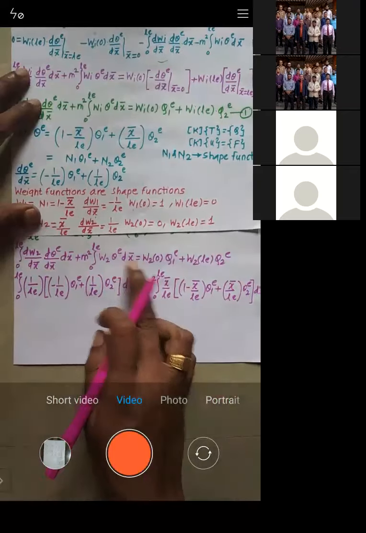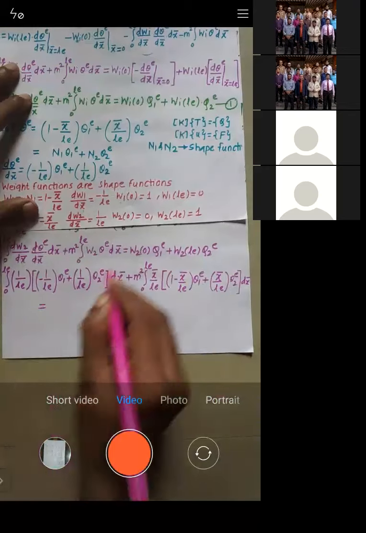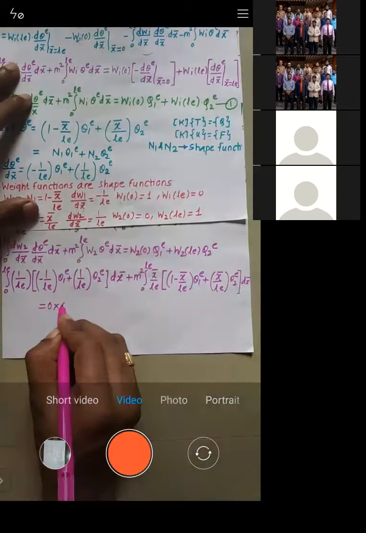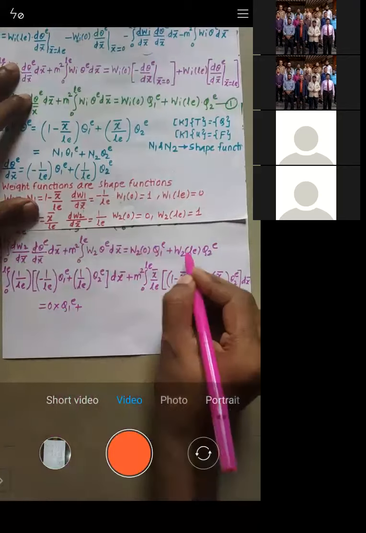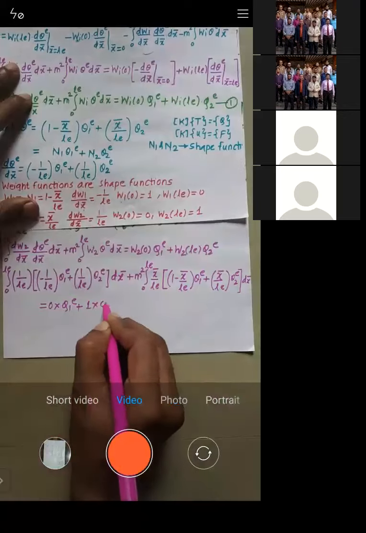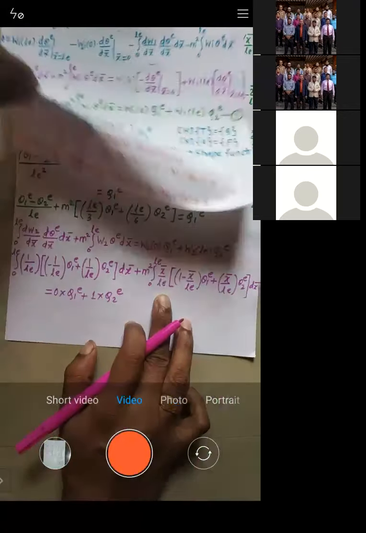This is equal to W2 at 0, which is 0, so 0 into Q1E, plus W2 at LE, which is 1, so 1 into Q2E. Is it okay with this one or not? Let me know.